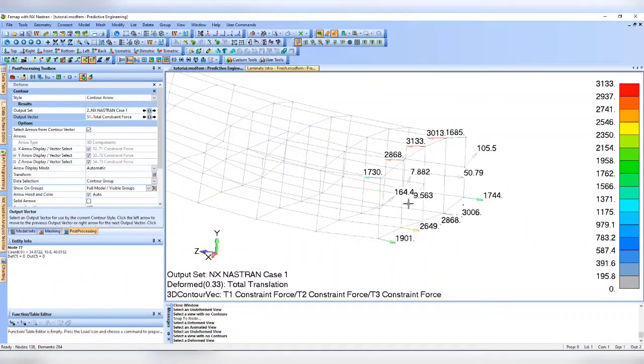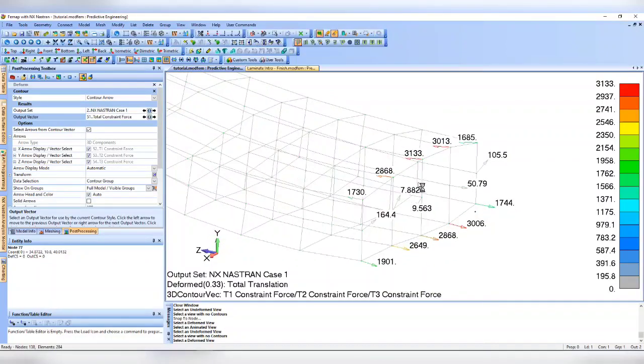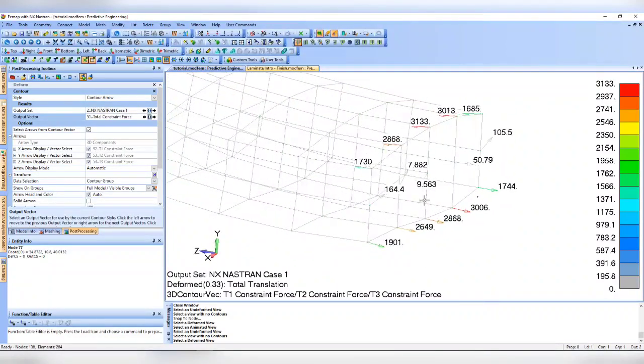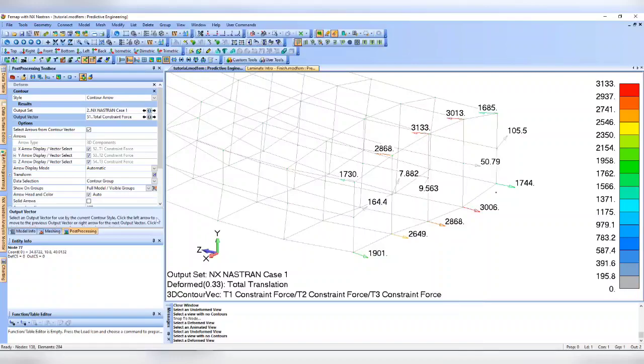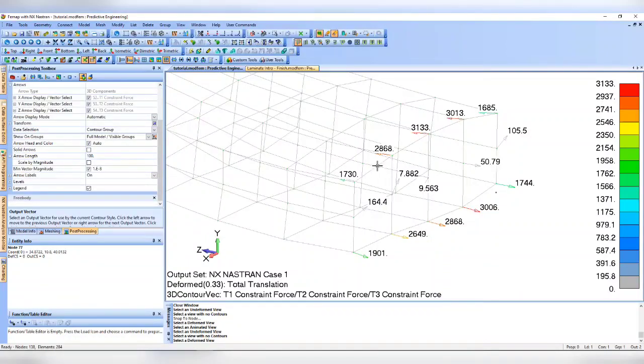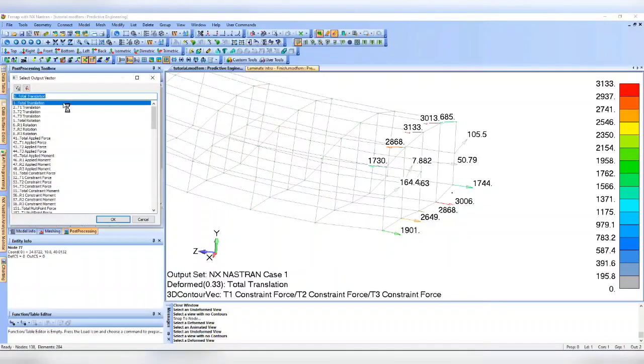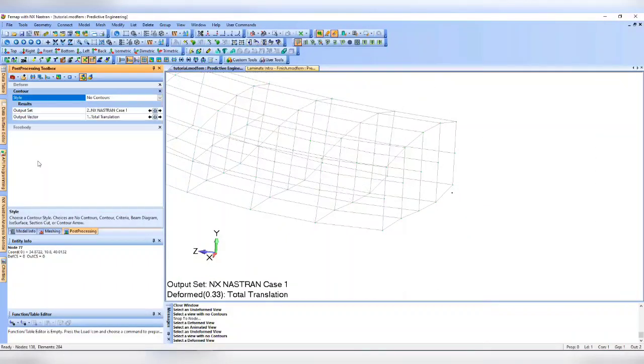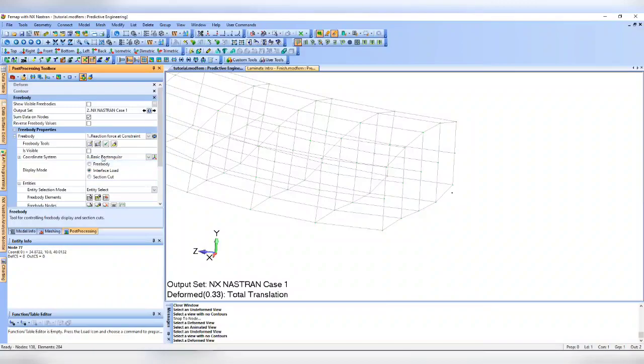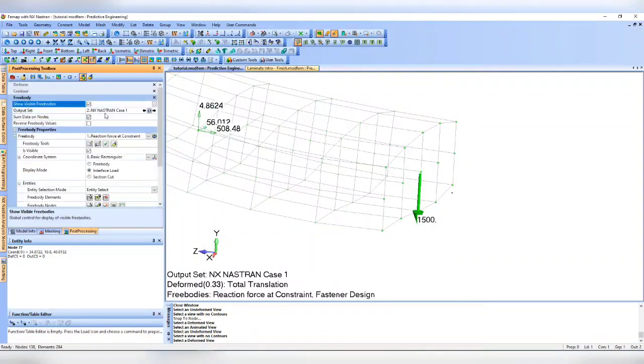And if you wanted to do a summation, you can do a free body diagram summation of forces. So let me turn that off. Let me turn off the contour. Let's just do a quick free body. Let's see if I have that. No. Oh, I just need to show it.